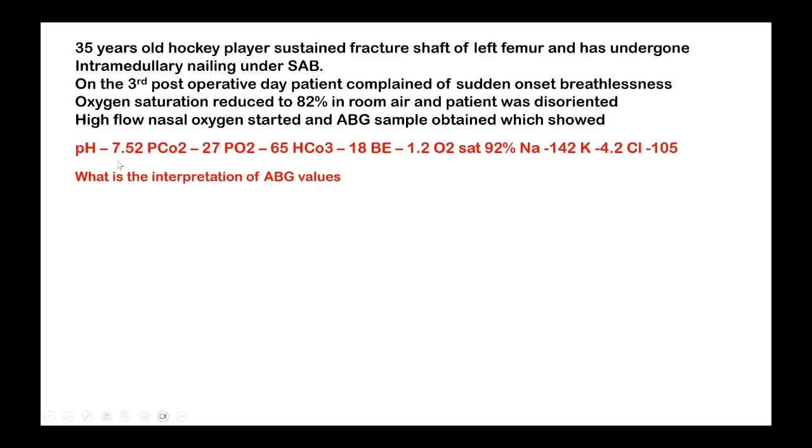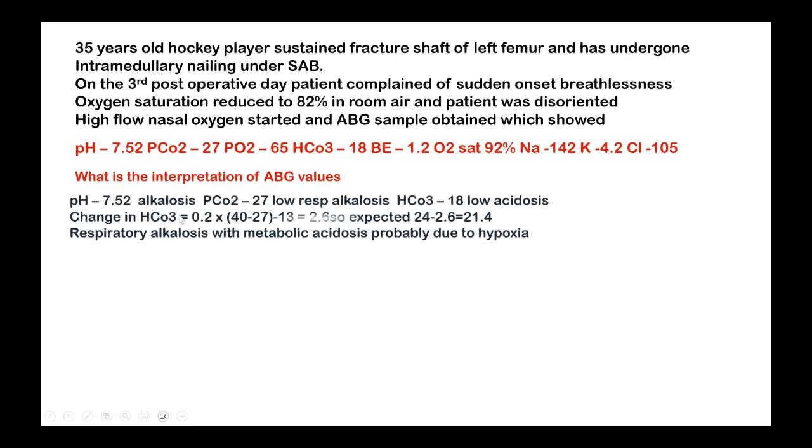So there is a temporary increase in the pH. In a completely full compensation, pH should have come back to normal, 7.35 to 7.45. If the pH returns to normal with a low PCO2, then you can call it a compensated respiratory alkalosis because of a basal metabolic acidosis.